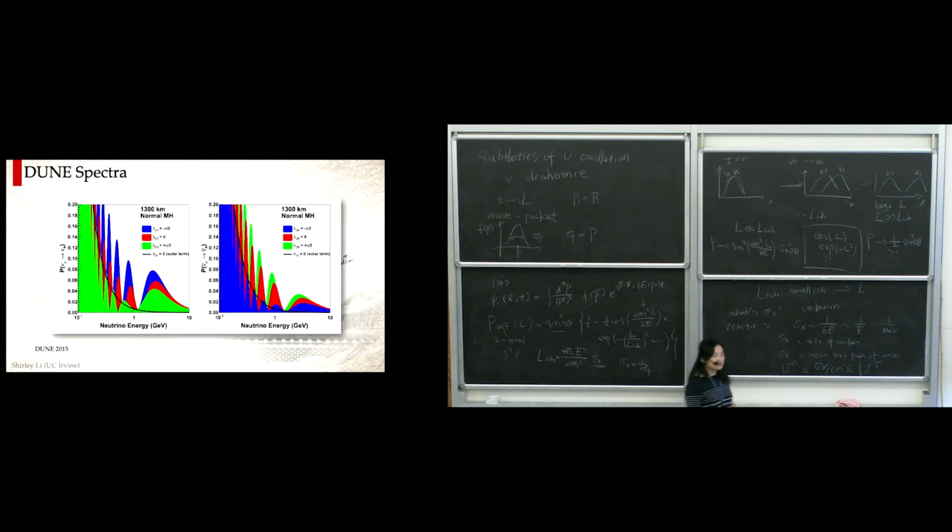I think the leading constraint comes from a reactor experiment, and that's close to the boundary here. So it hasn't disagreed with theory estimates yet. And the next generation of reactor experiments is going to be able to push it further. But this tentative hint of a 1 eV oscillation is right about at this boundary.